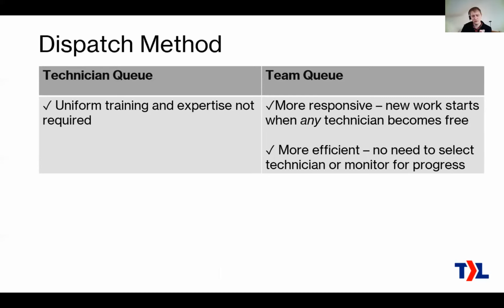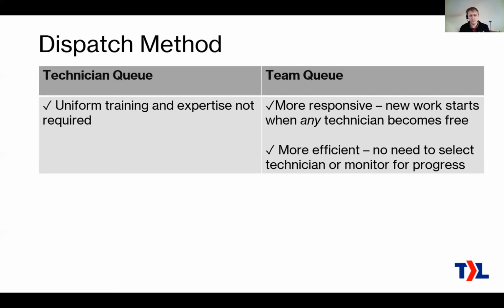The technician queue is useful in getting technicians assigned to their own list of tickets. The benefit is that you don't need to have uniform training and expertise, because a dispatcher can say, this ticket came in, it's about a certain technology or a certain customer, I know which of my technicians is able to do that, and direct it to that technician.